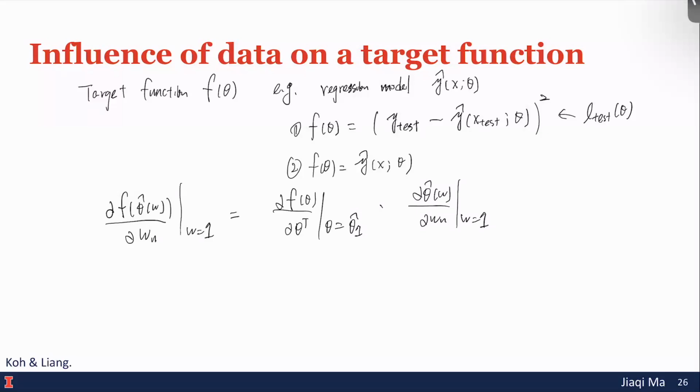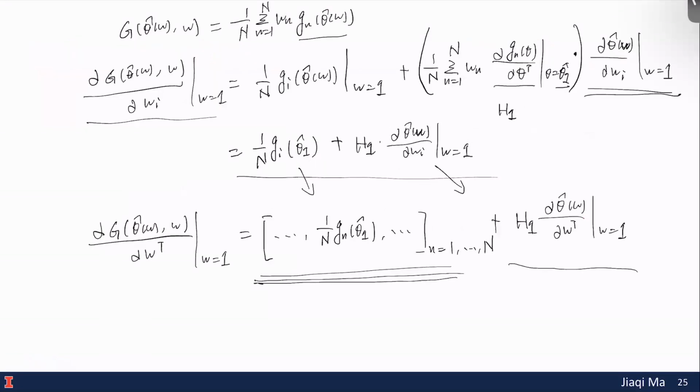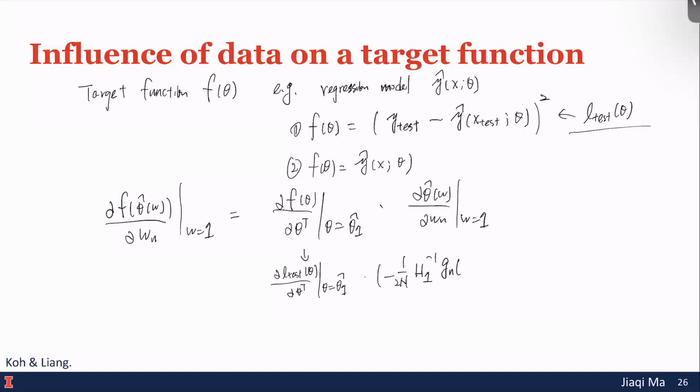In this case, let's say, for example, if our f theta is L test theta, this will be just partial L test theta partial theta transpose, where theta is theta 1, times 1 over 2n H1 inverse Gn theta 1, like what we have earlier.